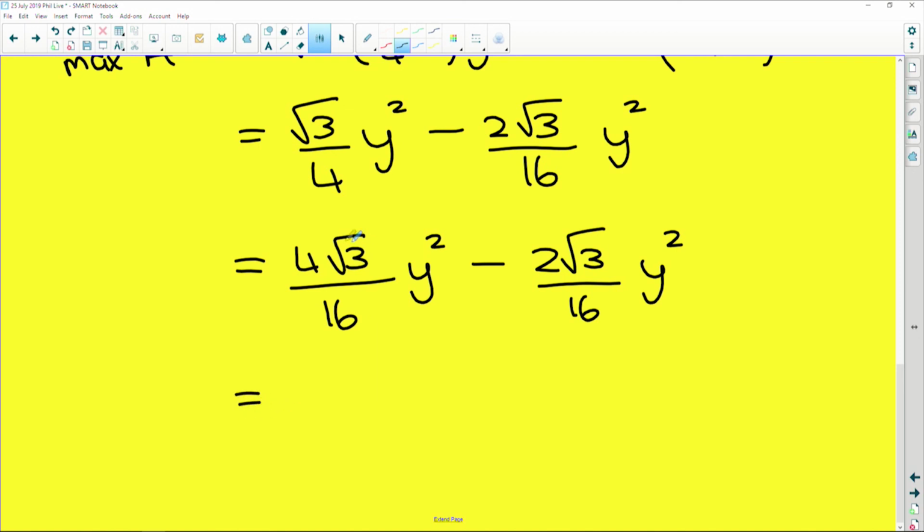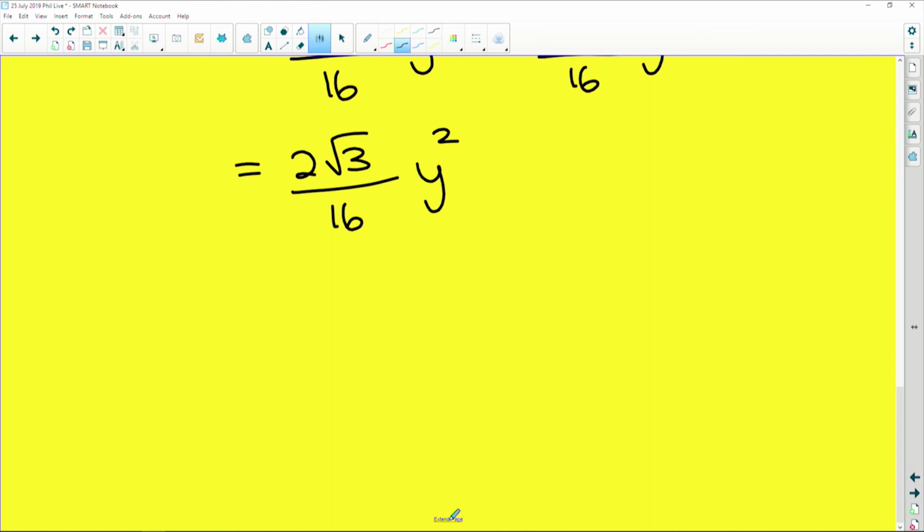So 4 root 3 minus 2 root 3 is 2 root 3 all over 16 y squared. And we can easily simplify that to just root 3 over 8 because 2 goes into itself once and into 16 8 times. Root 3 over 8 y squared, and that is the maximum area in terms of just y.